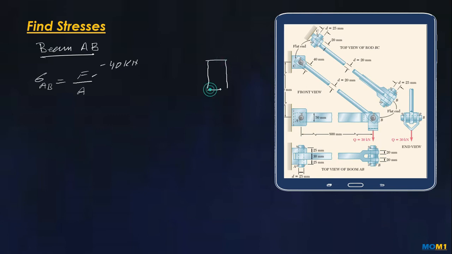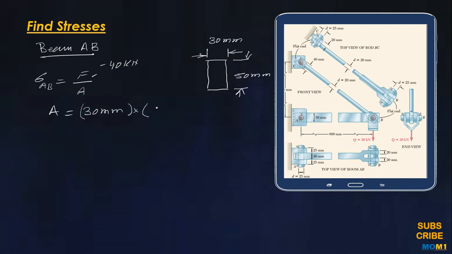of 30 millimeter by 50 millimeter. So we can easily calculate the area by multiplying both, 30 millimeter into 50 millimeter, and the cross sectional area is going to be 1500 into 10 raised power minus 6 meter square.